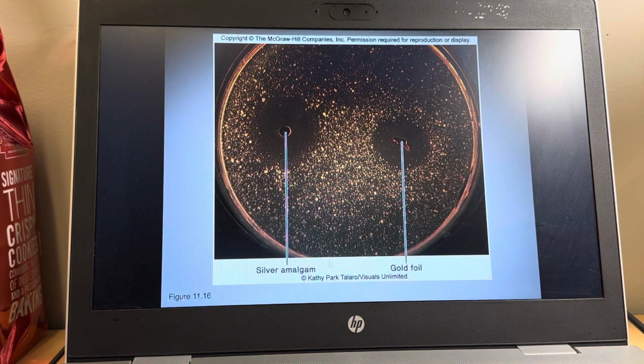So these are little pieces of silver right here and a little piece of gold. And they've inoculated a plate with bacteria. And you can see there are these clear zones that are occurring around the little flake of silver and gold. And what that means is that the microbes and the bacteria are being inhibited.